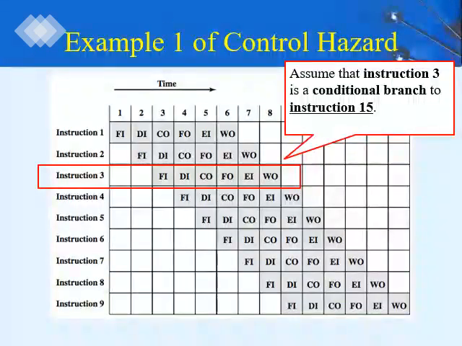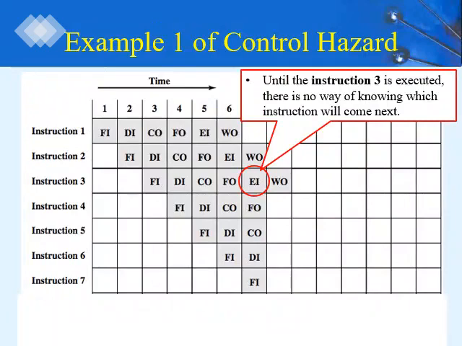And it will jump to instruction 5, skipping instruction 4. However, because we are in a pipeline, there's no way we can know that we are going to skip instruction 4.